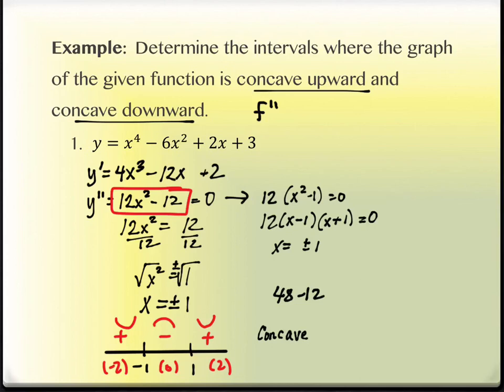It's up. It's concave up. And it's concave up from negative infinity until -1. And then it stops being concave up for a portion of time, and then we pick back up over here at the number 1, and it's concave up from 1 to infinity.